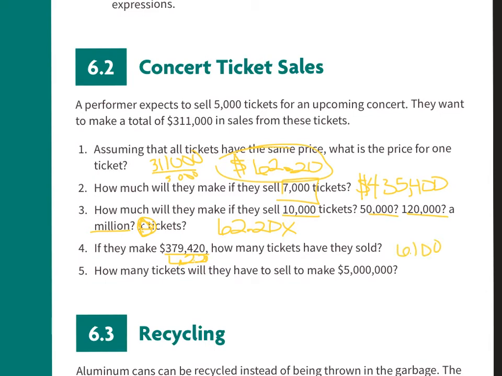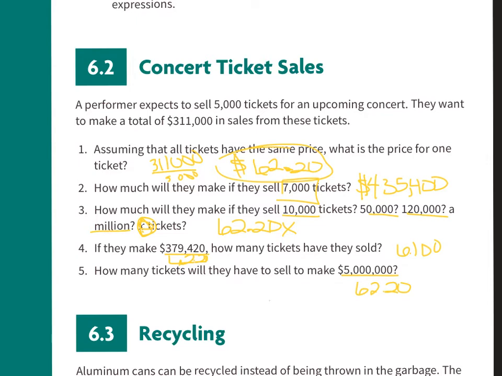Okay. How many tickets will they have to sell to make $5 million? So once again, we're just going to divide 5 million by 62.20. So 5, 1, 2, 3, 4, 5, 6 zeros divided by 62.20.